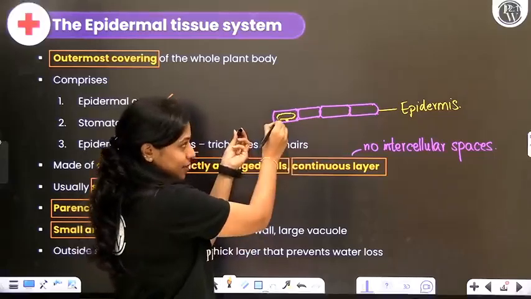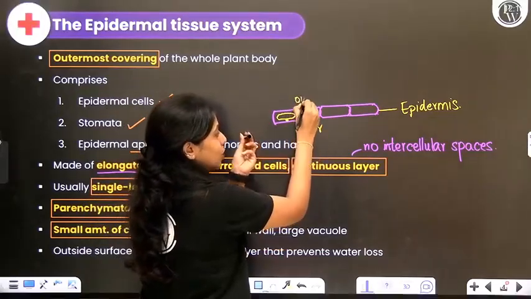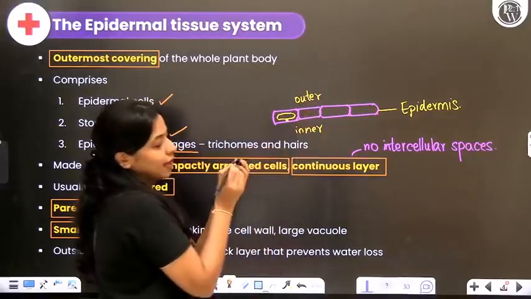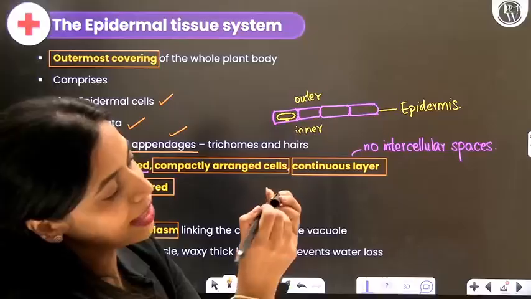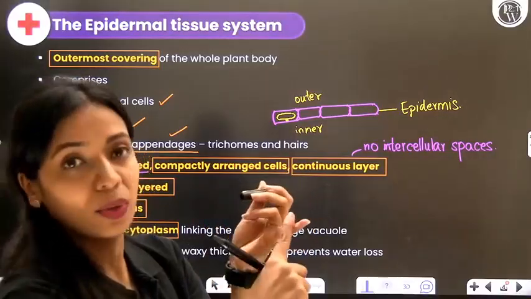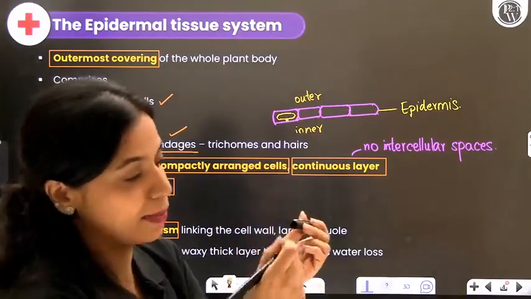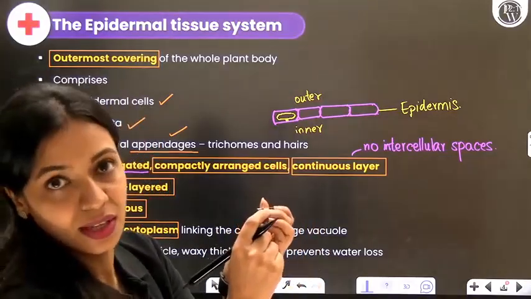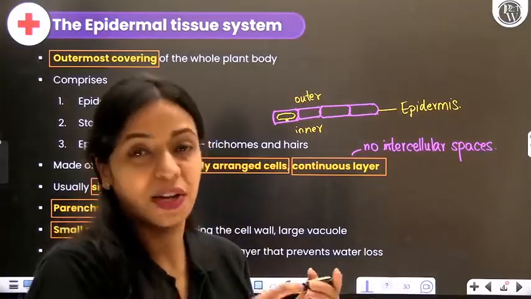This epidermis will have an inner side and it will have an outer surface, right? If cells are lining this, you will have an inner surface of cells and an outer surface of cells. You will find the cuticle, and you will find epidermal hair, root hair or stem hair, arising from the outer surface. When we say on top of the epidermis there is a cuticle, we don't mean it's present on the inside.